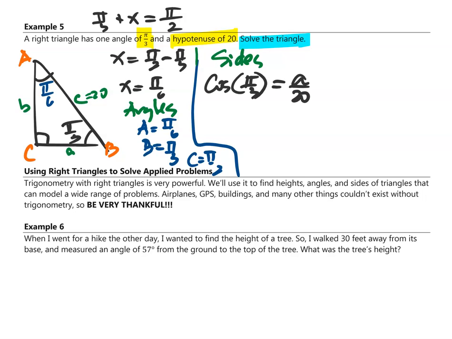So if we cross multiply here, this is 20 times cosine of pi over 3 is equal to A.